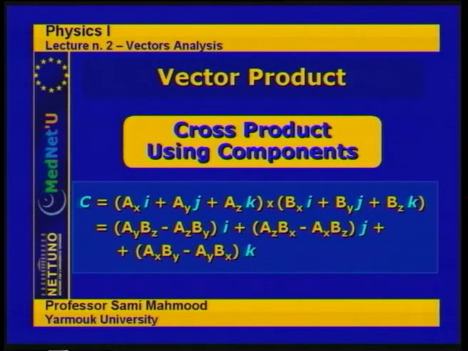If we do the product and then add the similar components together, the components in the x direction together, the components in the y direction together, and the components in the z direction together, we would get the result C equals Ay Bz minus Az By, that is in the x direction, unit direction i, plus Az Bx minus Ax Bz times j in the direction of y, that's the y component, plus Ax By minus Ay Bx times k in the direction of z, that is the z component.